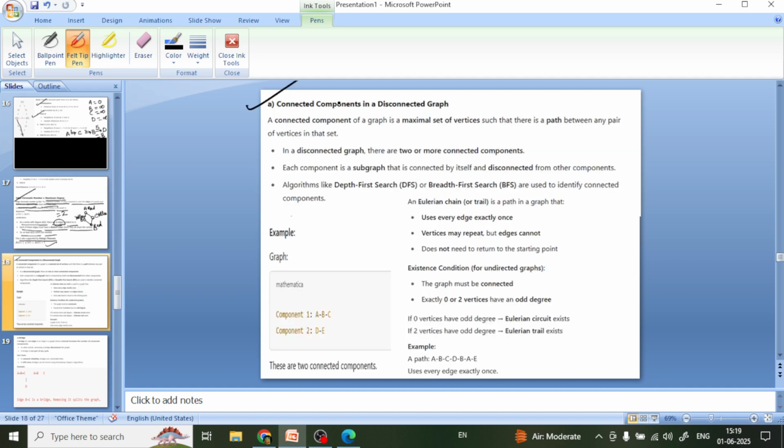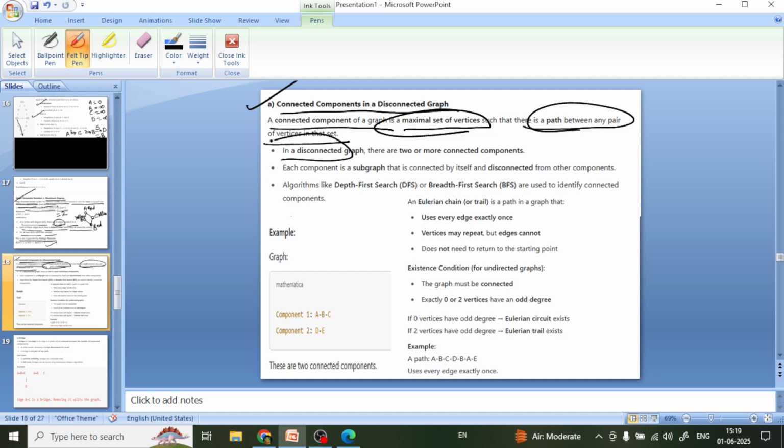Now next question is connected components in a disconnected graph. A connected component of a graph is a maximal set of vertices in which there is a path between any pair of vertices in that set. In a disconnected graph, there are two or more connected components, and each component is a subgraph that is connected by itself and disconnected from other components.